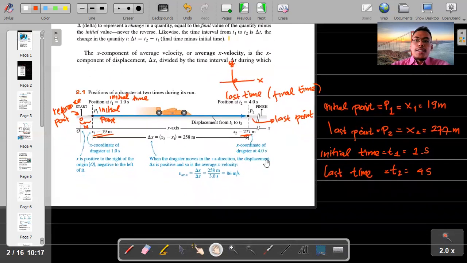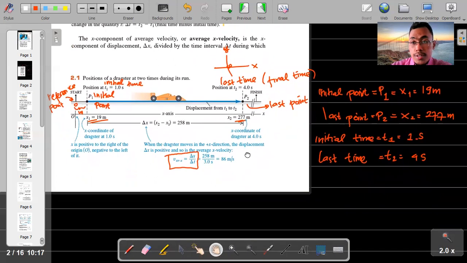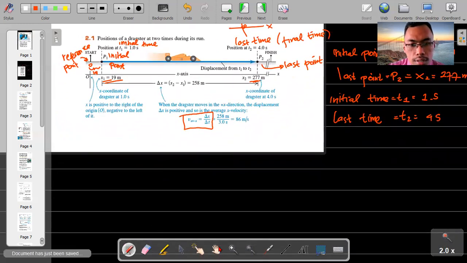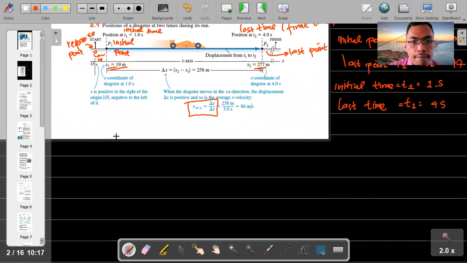And the formula to find average velocity is this. I will make it clear. V average x: v means velocity, average means the average, and x means the average velocity in the x coordinate.